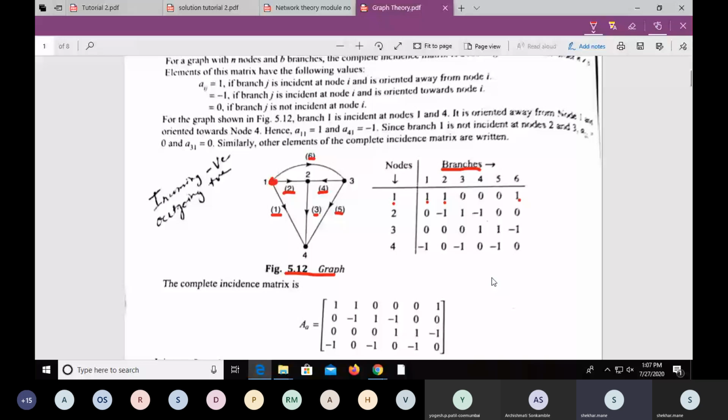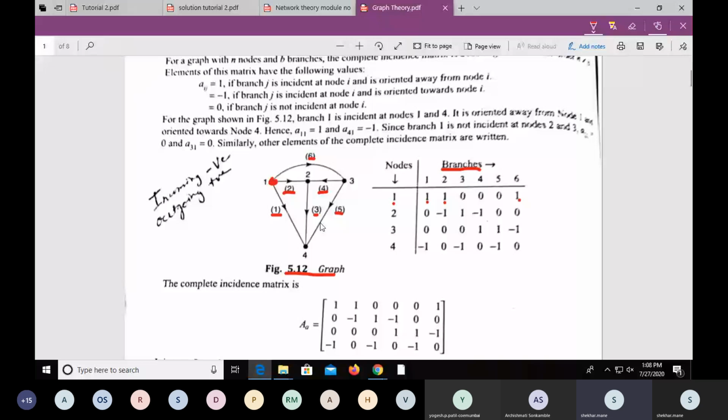Okay. Now, have you understood how I have written this for node 1? Since branch 1, branch 2 and branch 6, all the arrows of these branches are going away from the node, that's why I have written 1 here. And branch 3, 4, 5 are not connected to node 1.